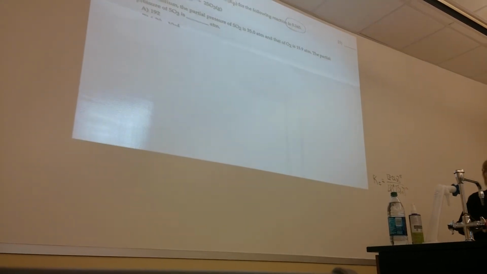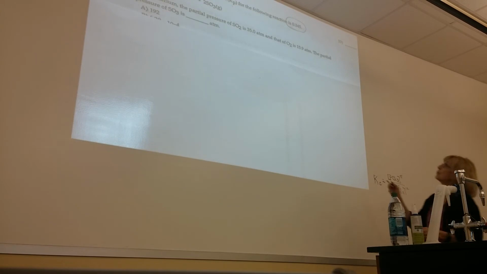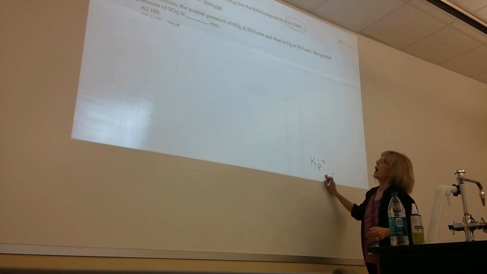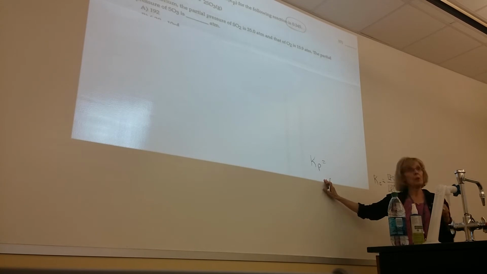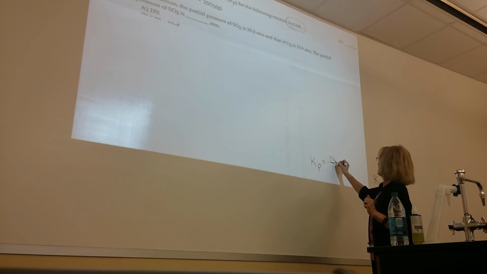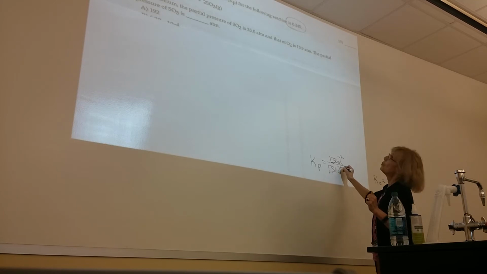First of all, we're talking Kp, I would just write the expression. It's not going to be a real brain strain because it doesn't say anywhere initial. It just has at equilibrium. So SO3 squared over SO2 squared times O2.